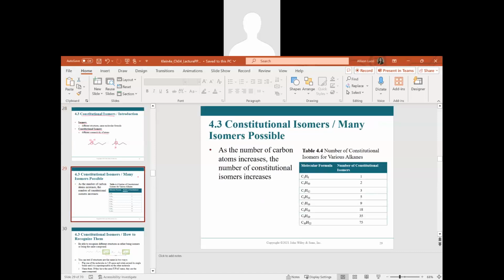So taking a look here in general at the number of possible isomers, we can see a trend. If we have only 3 carbons in our molecular formula, as we do with propane here, there's only one constitutional isomer possible. So minimal structures.